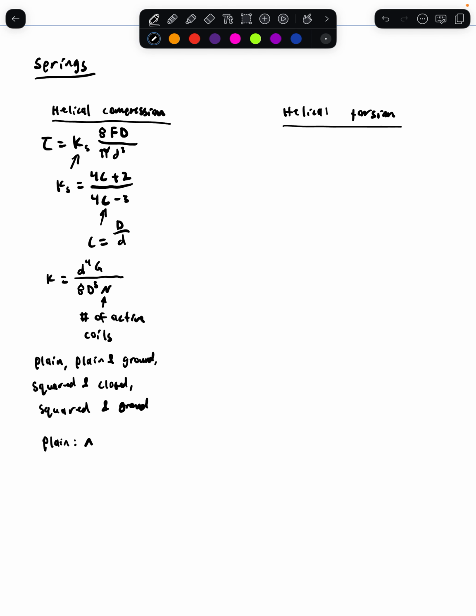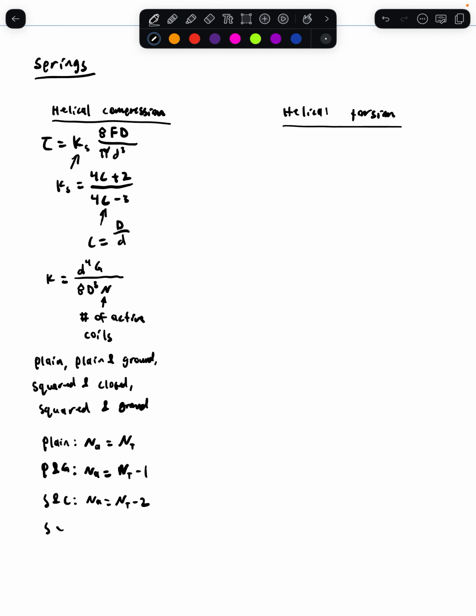the number of active coils, which I'm just going to call N sub A, equals the total coils. For plain and ground, the number of active coils equals the total coils minus 1. For squared and closed, it equals the total number of coils minus 2.